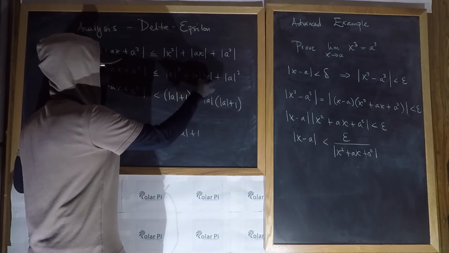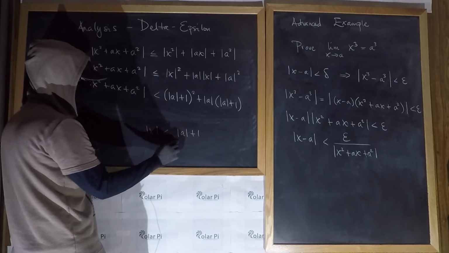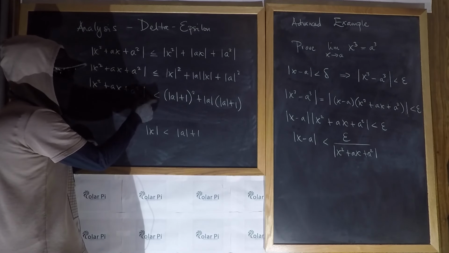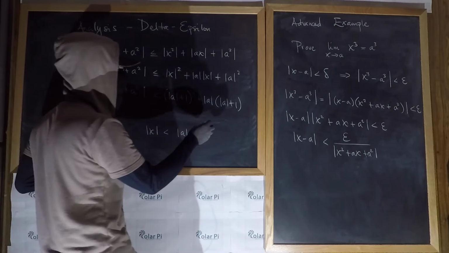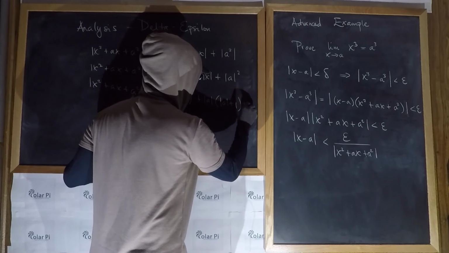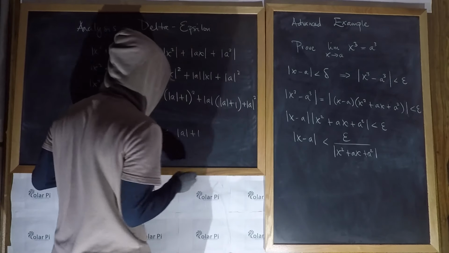Here I'm replacing the absolute value of x with this right-hand side, and I'm even more secure in keeping it. And then, of course, plus the absolute value of a squared at the end.